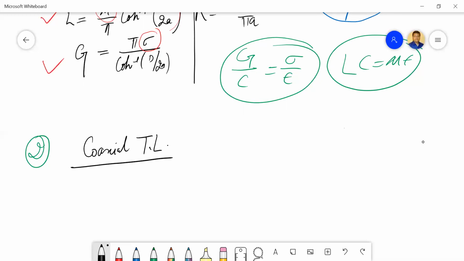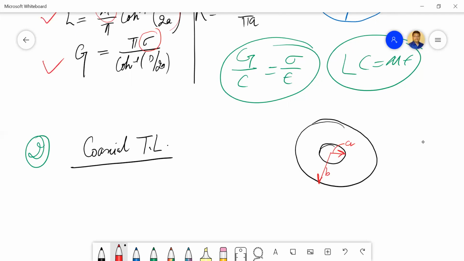If I draw the cross section here, there is an outer conductor as well as an inner conductor. Let us say this is radius a and this is radius b. These are the inner conductor and the outer conductor, and in between there is a dielectric medium.